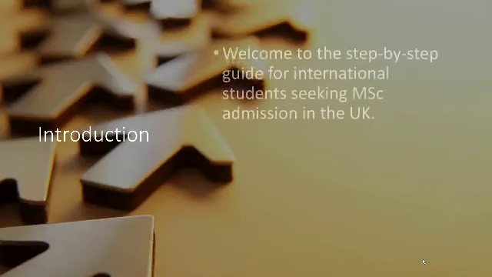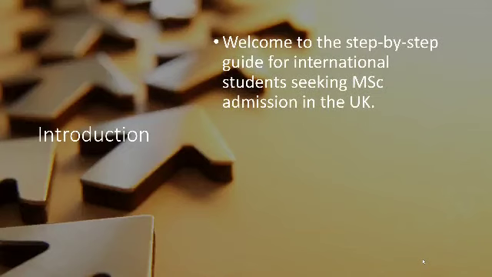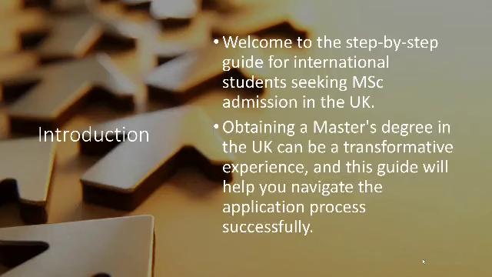Now, in the introduction, I said everybody is welcome once more. This is just a step-by-step guide. So MSc is Master of Science, and it's basically what other countries will refer to as a master's degree. Some will say MSc, like Master of Science.